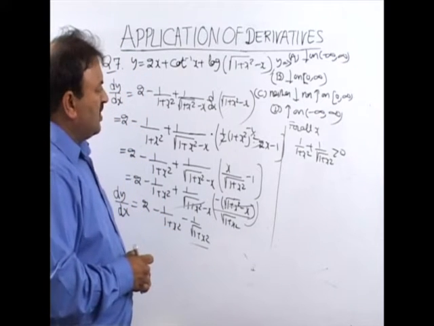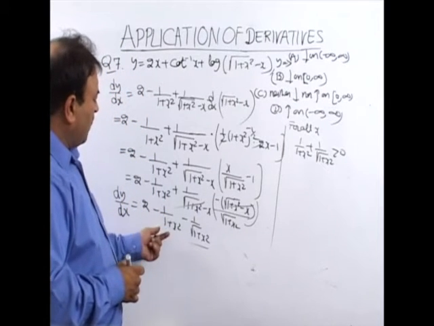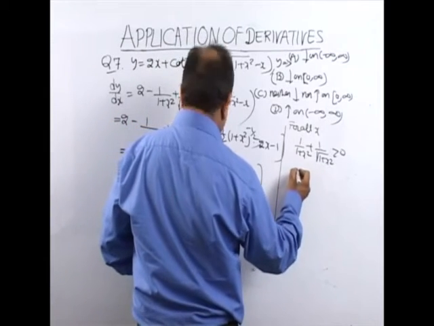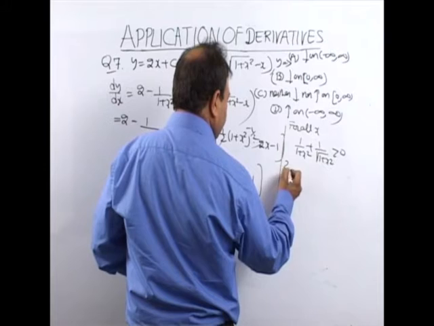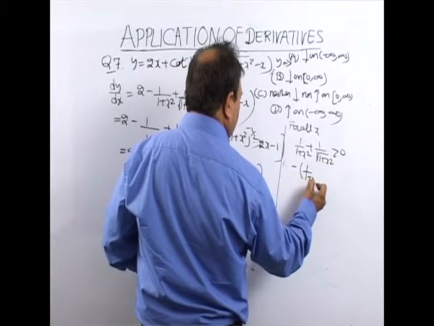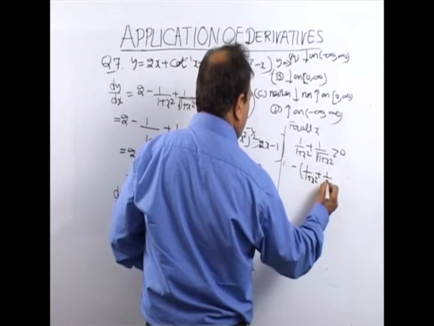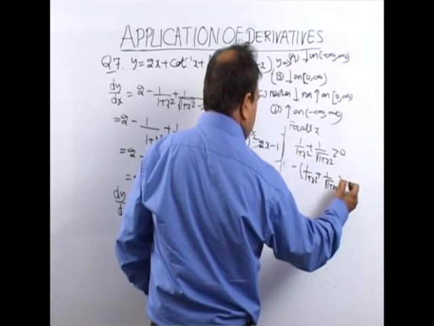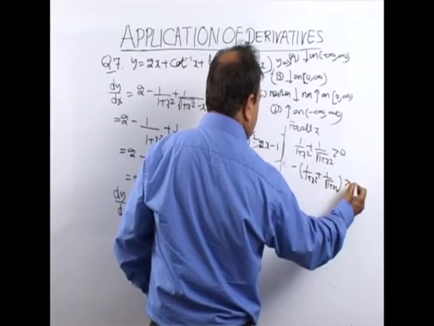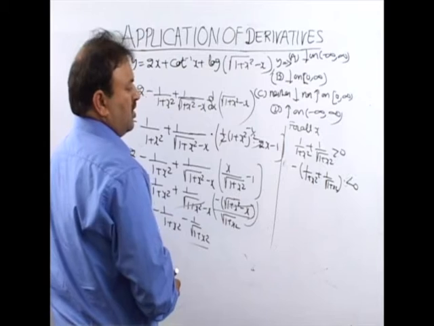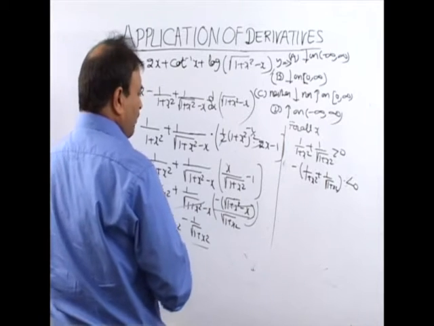I can say this is 2 minus 1 upon 1 plus x square plus square root of 1 plus x square, which is less than 0.